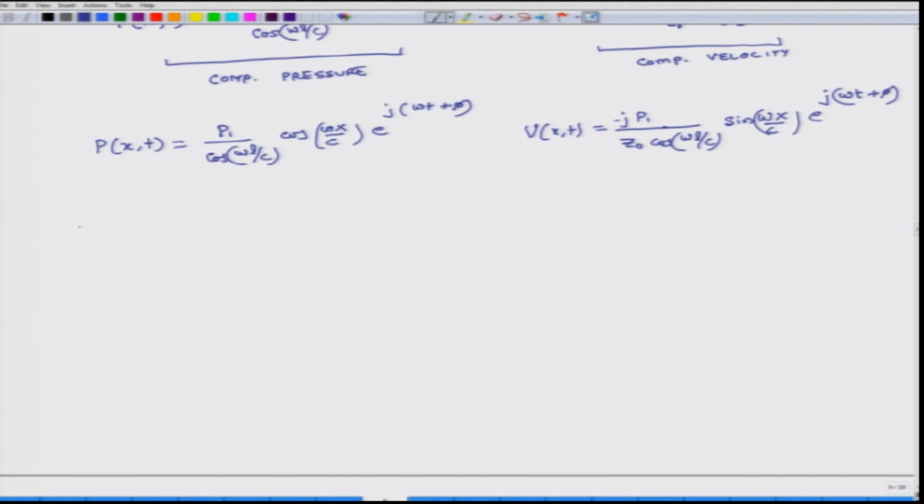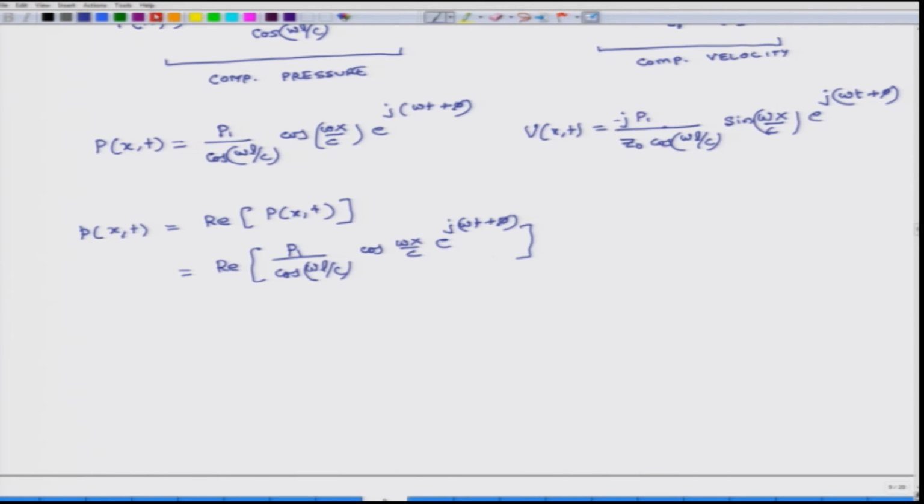So, then my pressure is real of p(x,t), and so this is equal to real of P1 over cos(ωL/c) cos(ωx/c) e^(j(ωt+φ)). Now, in this entire expression, whatever I am encircling in red, everything is real.